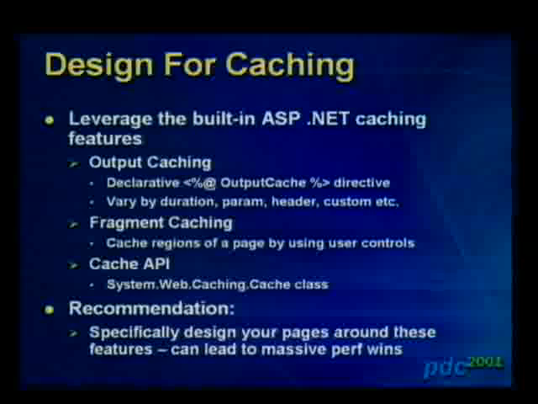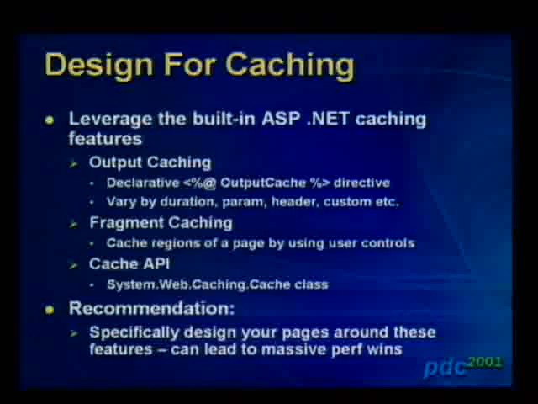You can tune this in various ways. You can say, I want to output cache everything, and give it a duration parameter. Just put @page output cache equals true in your web app and give it some duration. Or you can say, I want to vary the output cache by parameter, each of the parameters that's passed into the ASPX, and on and on.